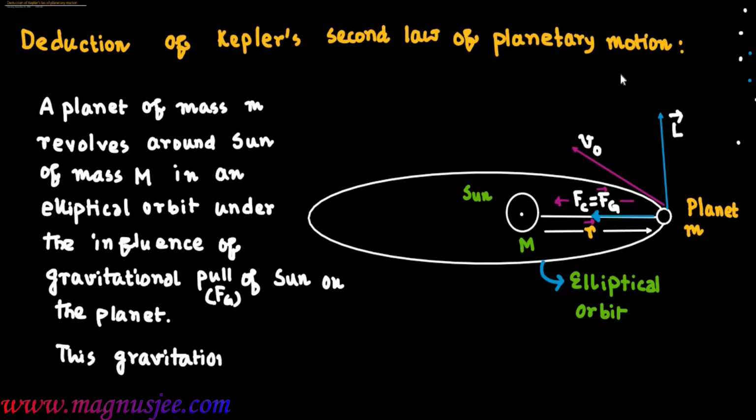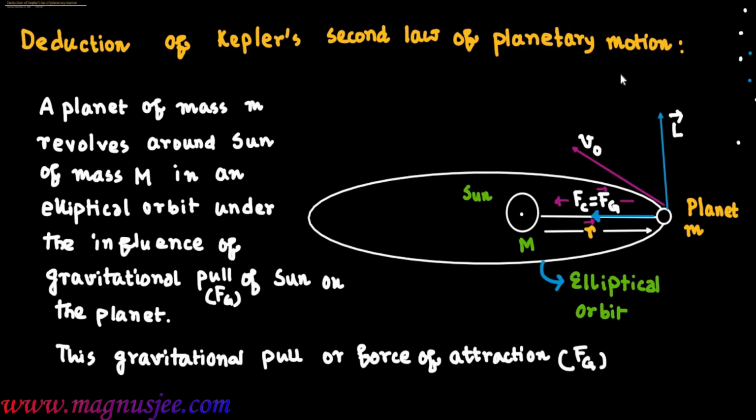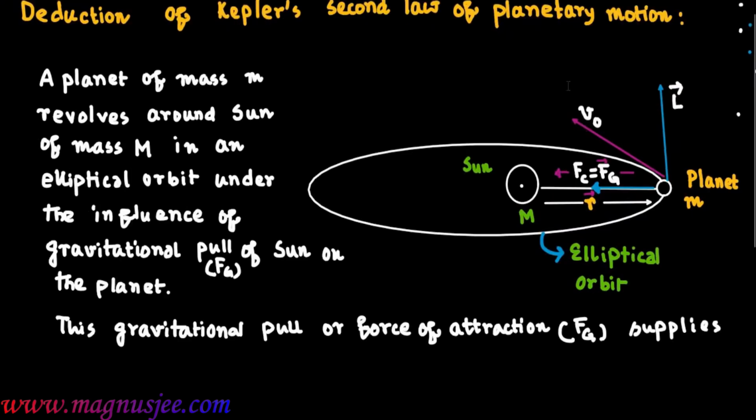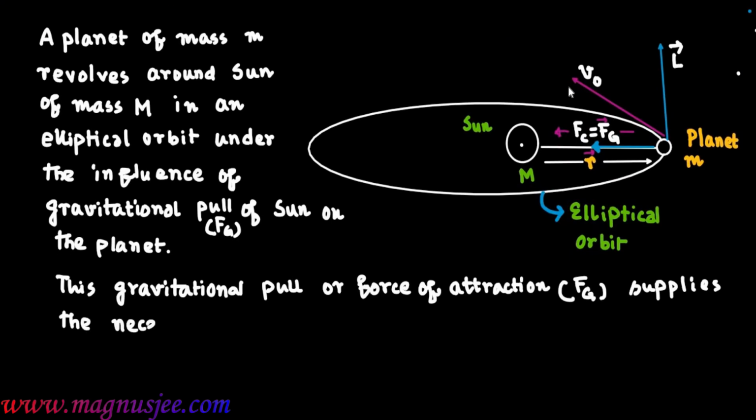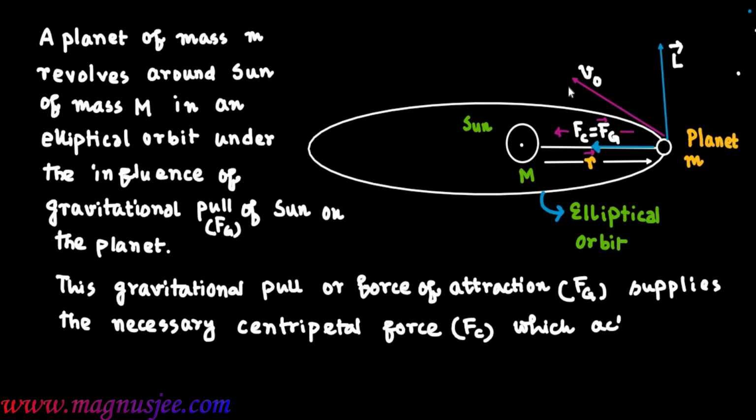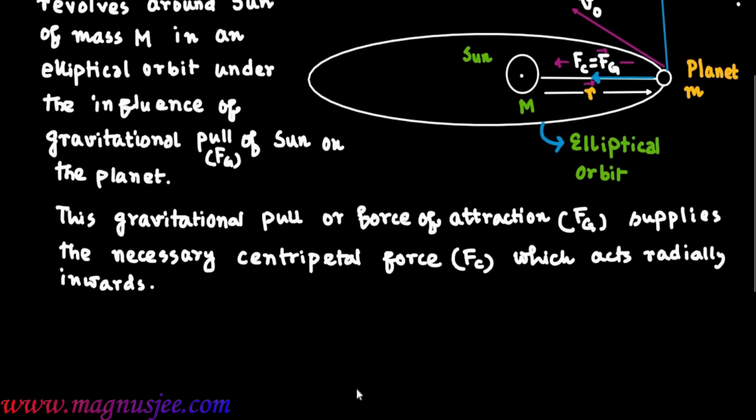And this gravitational force of attraction Fg experienced by the planet due to Sun supplies the necessary centripetal force Fc, which acts radially inwards and is required for the revolution of planet around Sun.